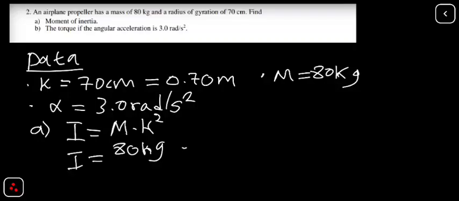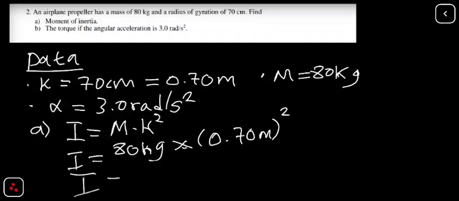So you multiply by 0.7. We have 8 kg, which is the mass given, and the radius of gyration, which was 70 centimeters, which we converted into meters, giving 0.70 meters. Now you multiply.